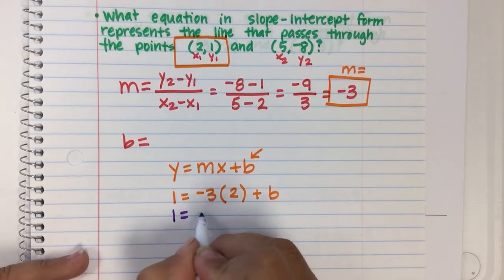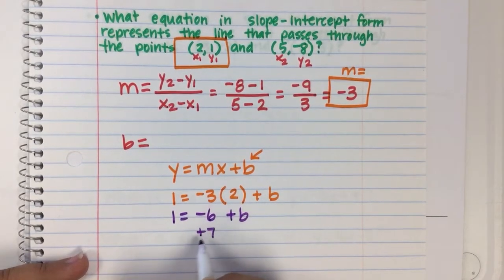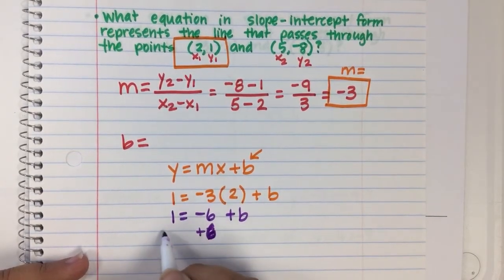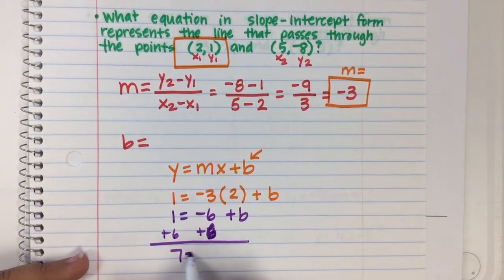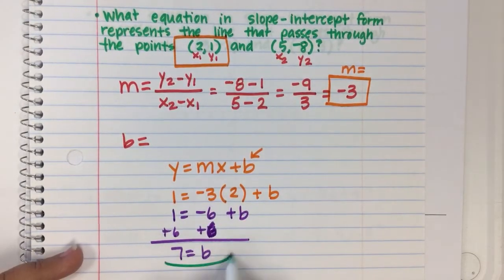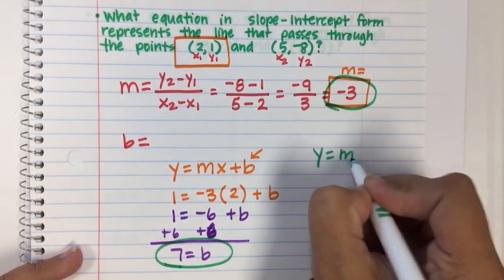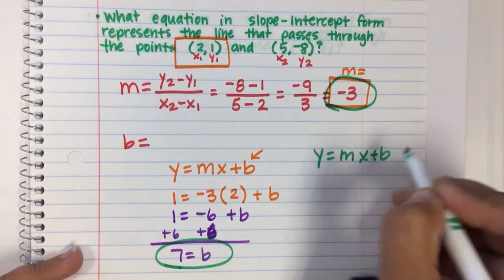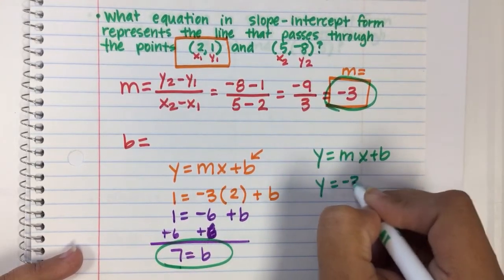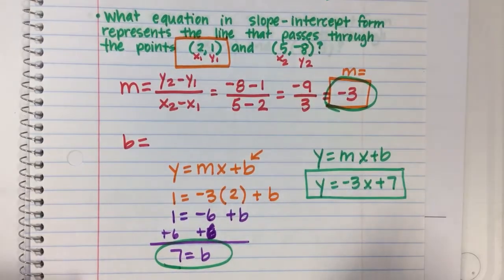So I have 1 is equal to -6 plus b, and I'm solving for b, so I'm going to add 6 to both sides, and I get b is 7. All right, so now I know b is 7 and the slope is -3, so y is equal to -3x plus 7, and that's my equation.